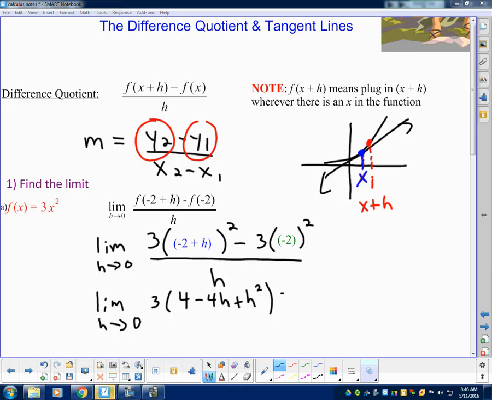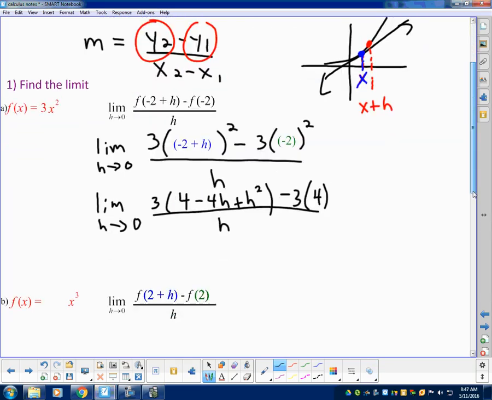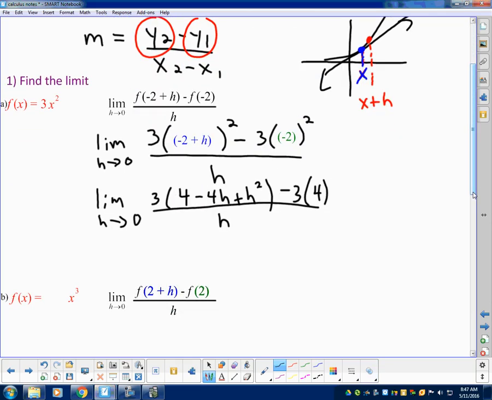And then we have -3 times, now we're going to plug in -2 for x in this function 3x squared. And so -2 squared is 4. And then all over h. All right.